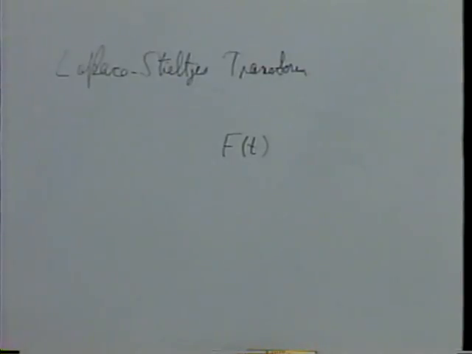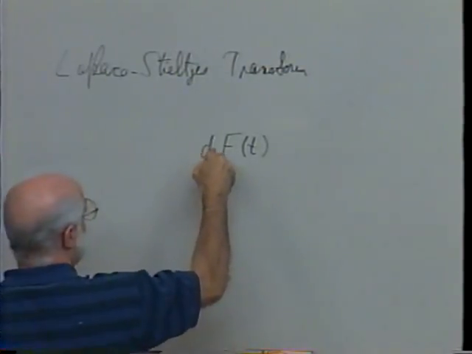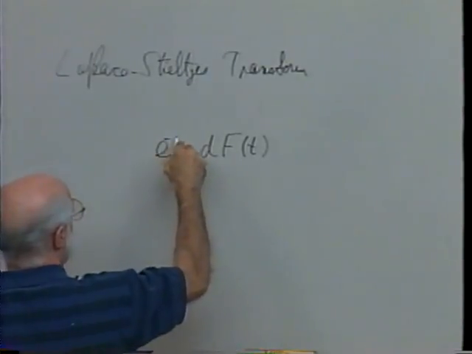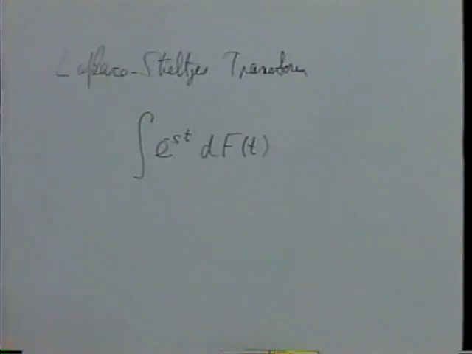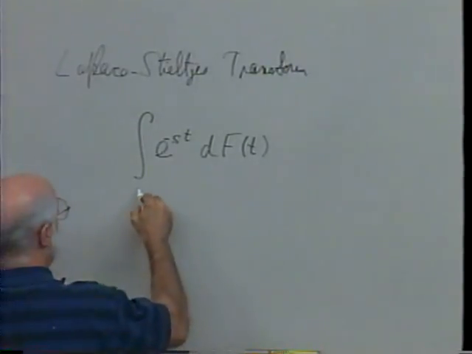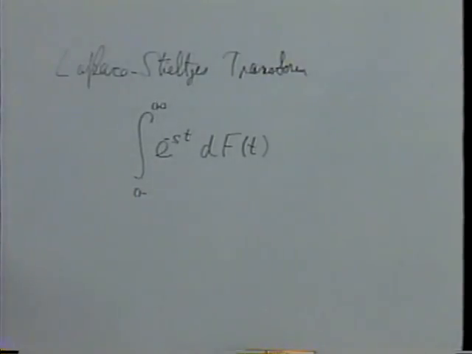Then I can define the following: I can take the differential of that, multiply by e to the minus st, and integrate that between 0 and infinity. Actually, between 0 minus and infinity. That is, I want to make sure I get the origin in part of the integral, so I'll emphasize that at least at first by writing a minus sign here.